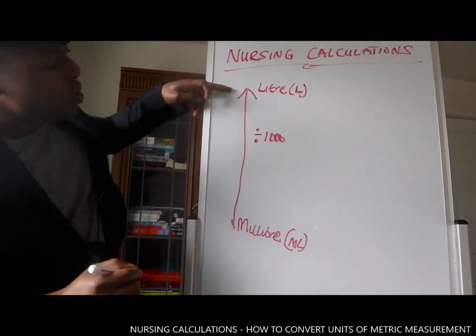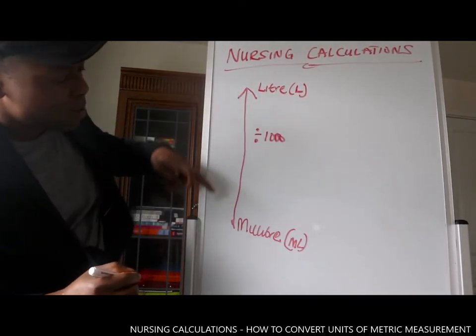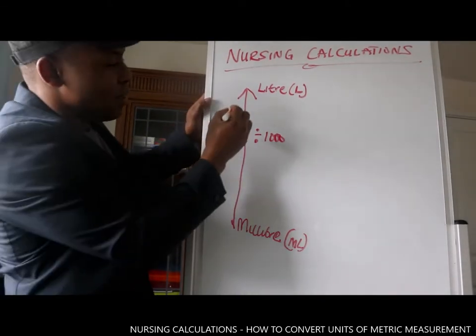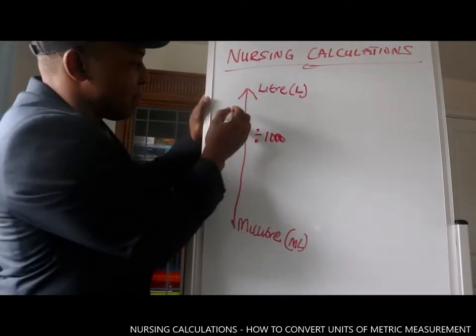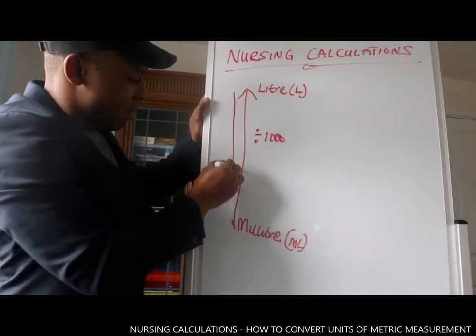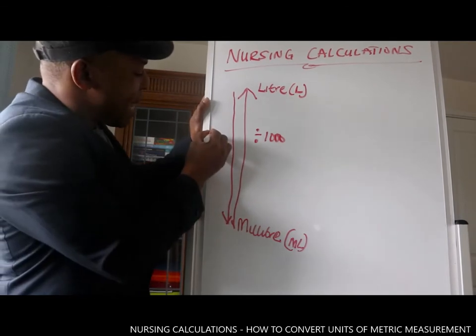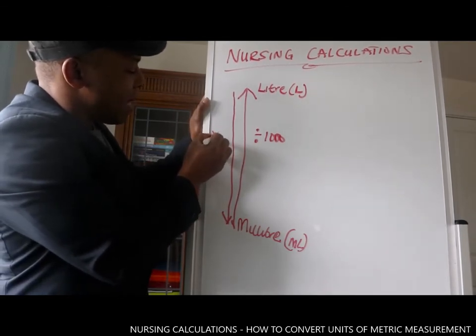If you are asked to convert from liter to milliliter, you multiply by 1,000. So from big to small, multiply by 1,000.